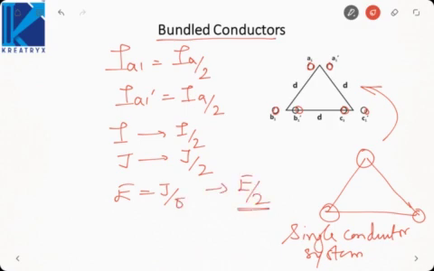Since the electric field becomes half per conductor, the corona loss reduces. This is just one way of explaining. We will explain it in terms of GMD or GMR to get a better understanding of how the corona loss is reduced in a bundled conductor. But just understand that if the current density is divided, the effective current density reduces, the electric field will go down and hence the corona loss will also be reduced.